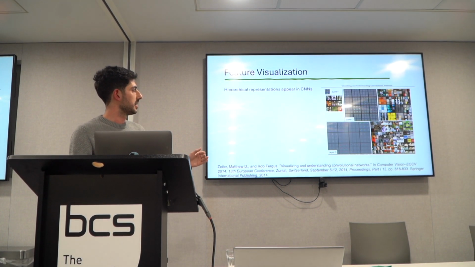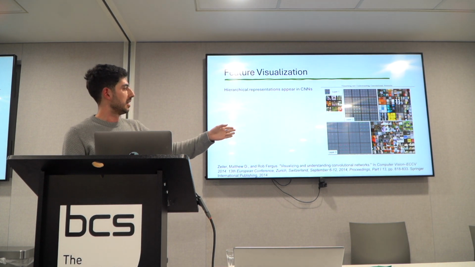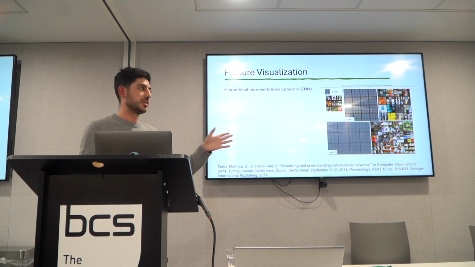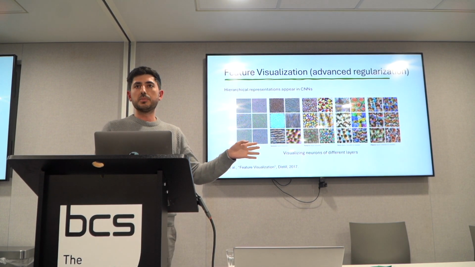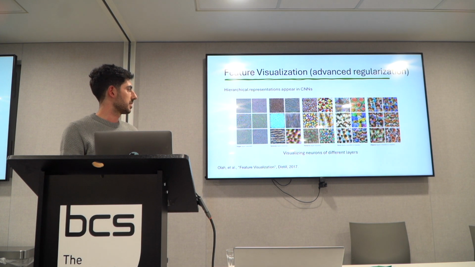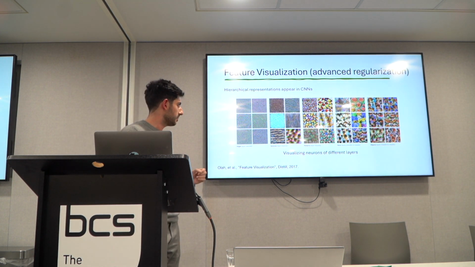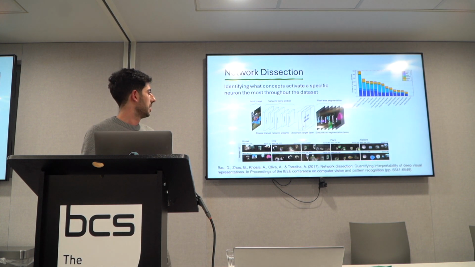And this was the early days, and this was another work in the early days where you see what maximizes each filter or neuron in different layers. And then it just got more advanced via more advanced feature visualizations, and you can see the hierarchical representations that are forming in the networks, from edges to more complex shapes.